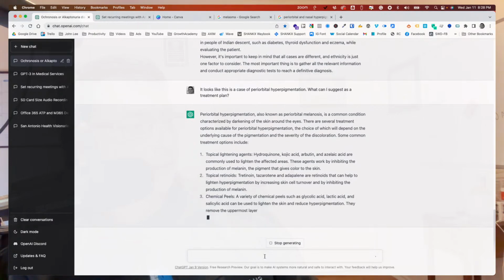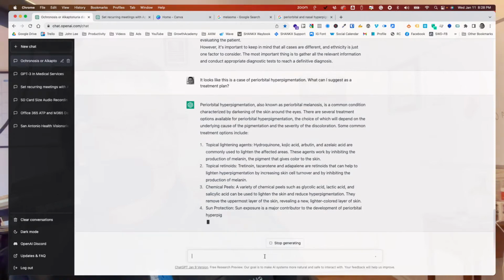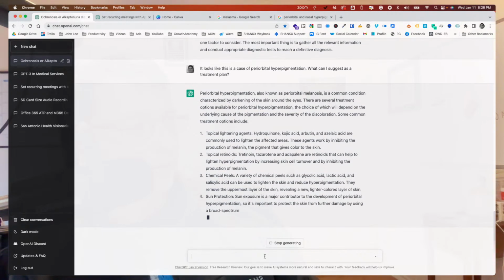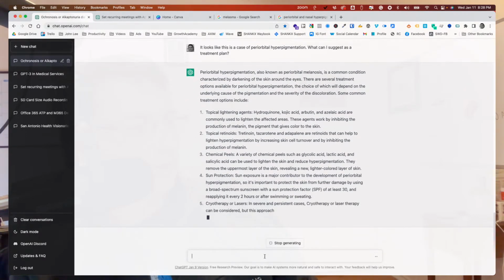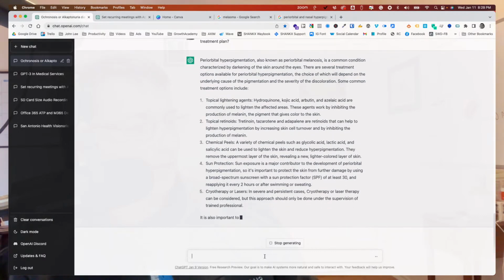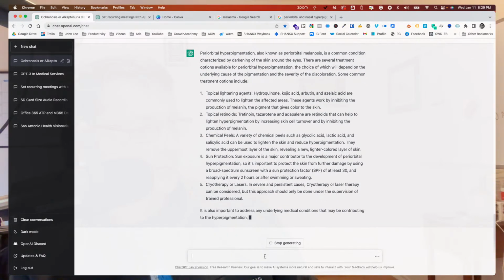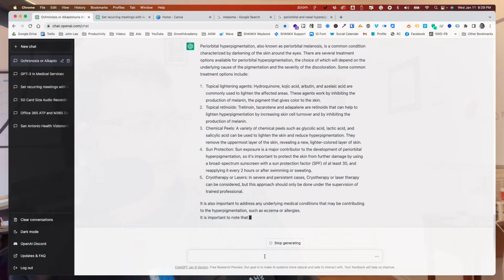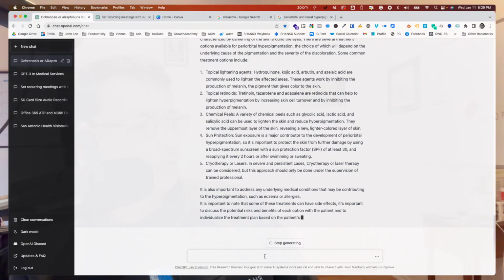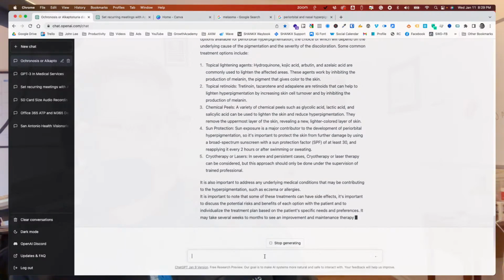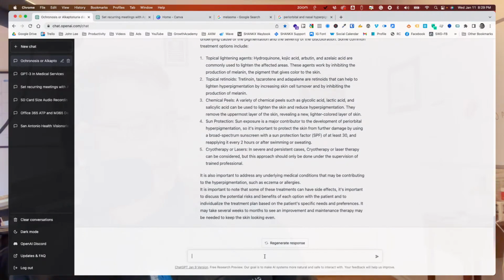Some common treatment options include topical lightening agents, topical retinoids, chemical peels, sun protection, cryotherapy, or lasers. It is also important to address any underlying medical conditions that may be contributing, such as eczema or allergies.